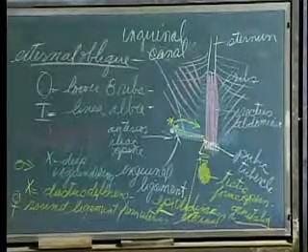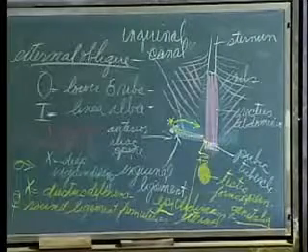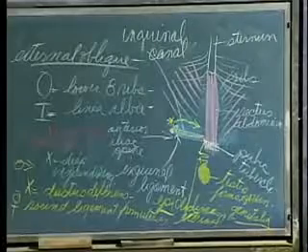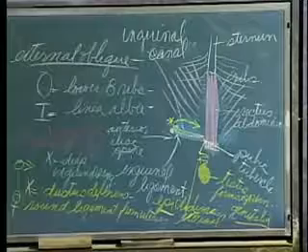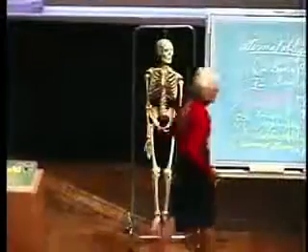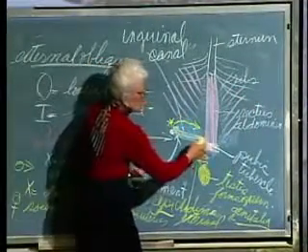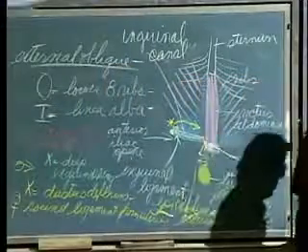Now, this area then is vulnerable. You've got a tube going through an opening down at the inferior part of your abdominal wall. So with stress and strain, sometimes the small intestine will follow this route and come out here. It's what we call an inguinal hernia.